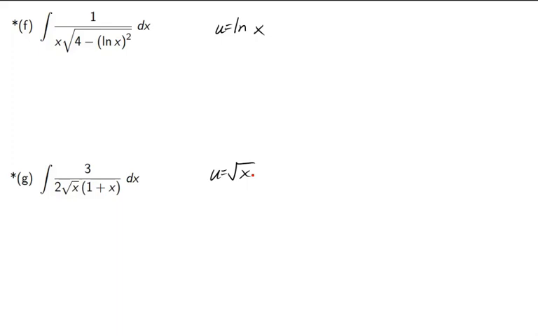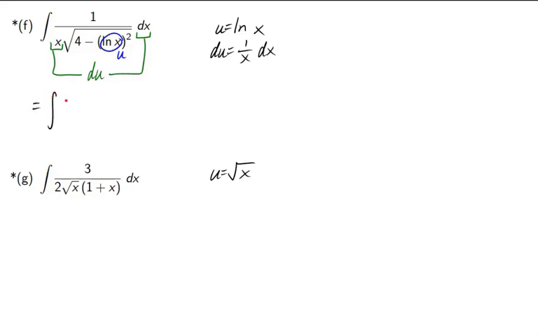Let's finish these problems. So I get du equals 1 over x dx. And this is nice because I do have my du. The x in the denominator and the dx are du. And I have the natural log of x being my u.